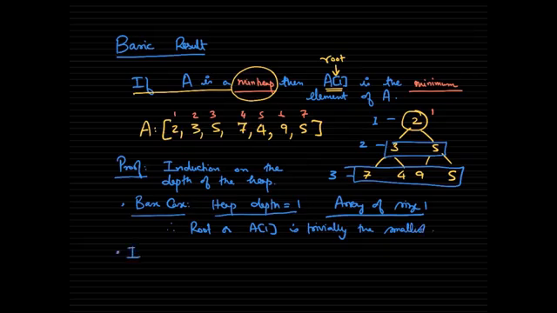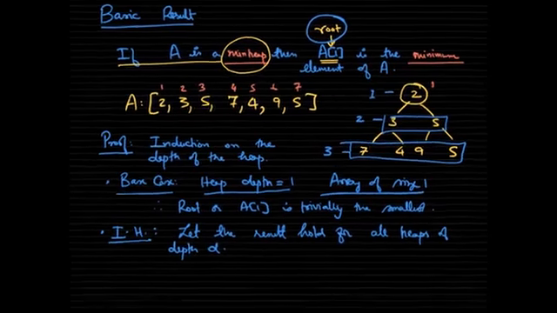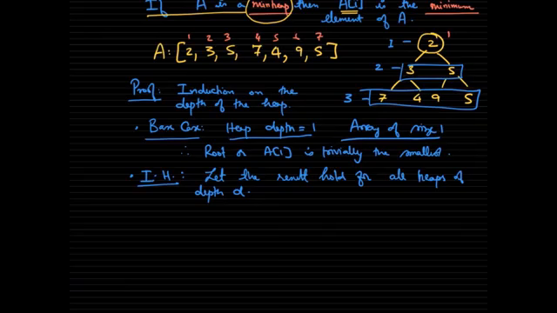What is the induction hypothesis? Well, the induction hypothesis says: let the result, that the root A of 1 is the smallest element of the heap, hold for all heaps of depth d. All right, so we are going to do strong induction.